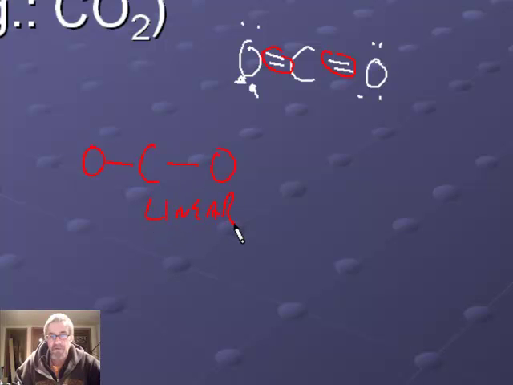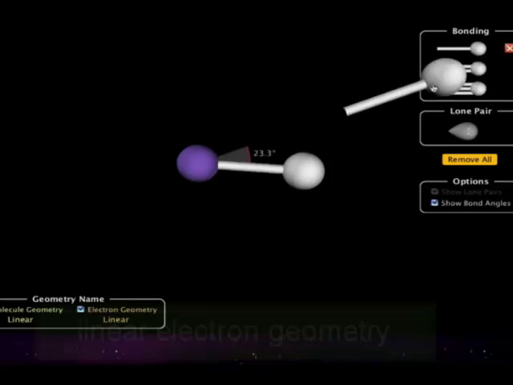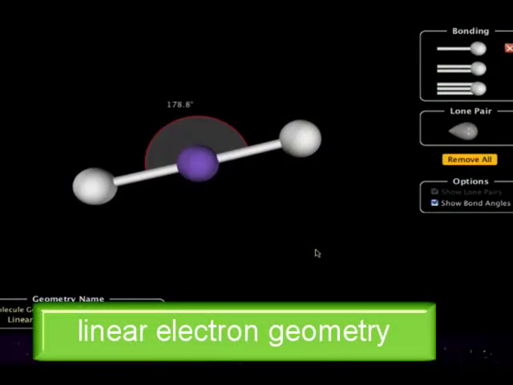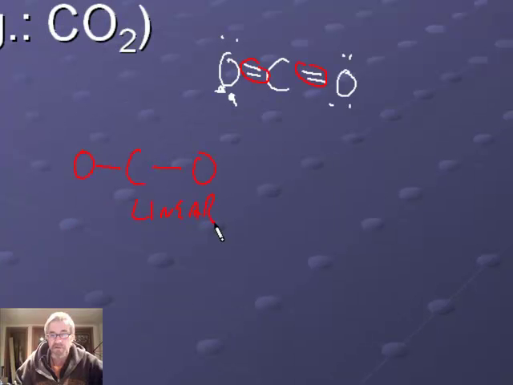So 2 regions of electron density with no lone pairs. Best way they can organize themselves to get those electron pairs as far away as possible from one another is to have a linear shape. As we add 2 bonds to the central atom, we can see that the angle that we get after it settles down here is 180 degrees. Now, here's another way we can think about this.